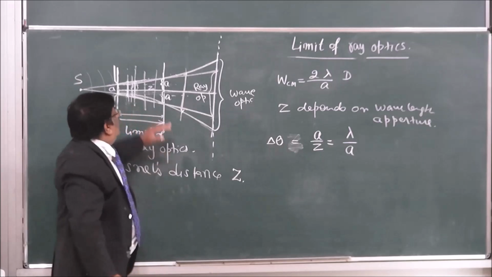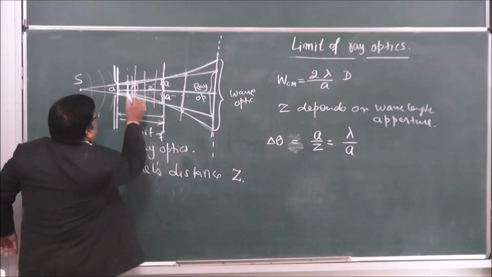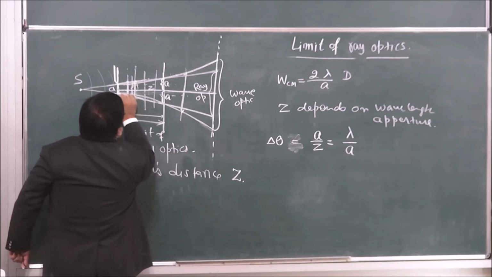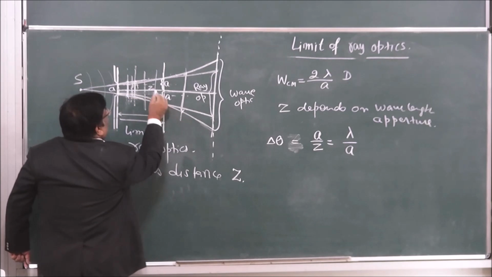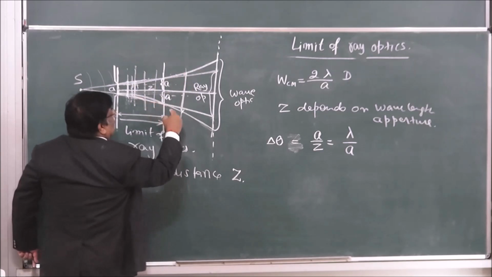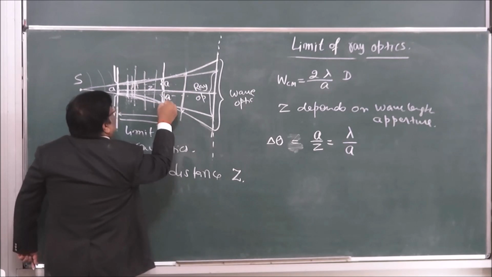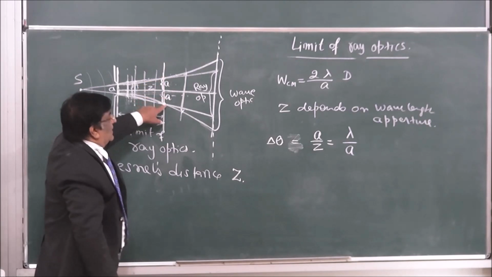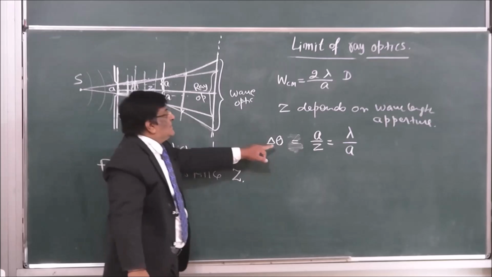But we know the deviation for this wave. Deviation for wave is given by a relation, and this is what? For this wave optics, this is the position of dark, and this is the position of first dark. And what is the angle for first dark?